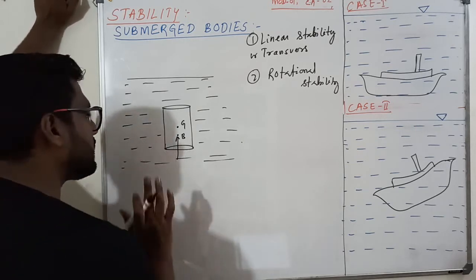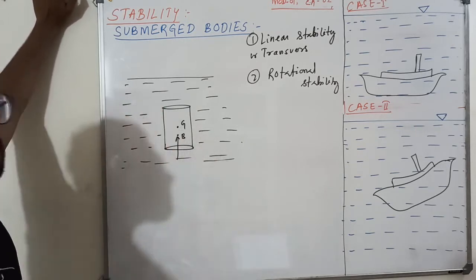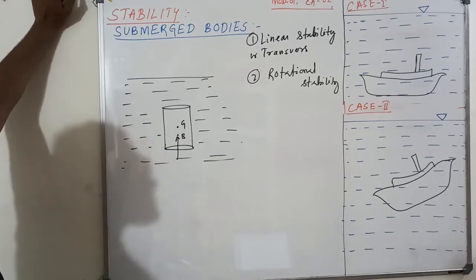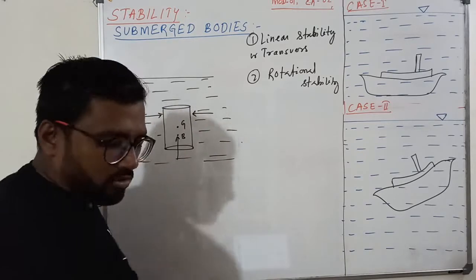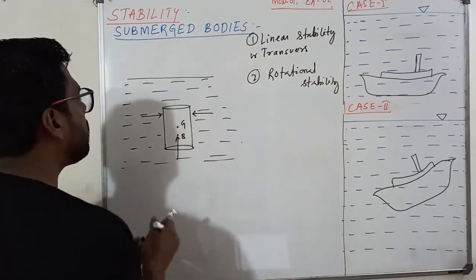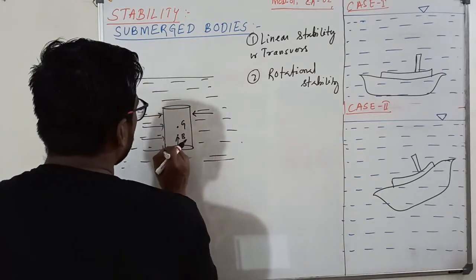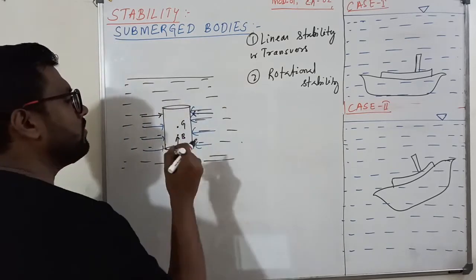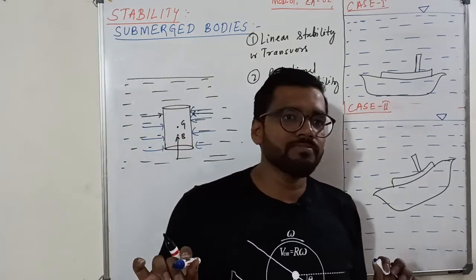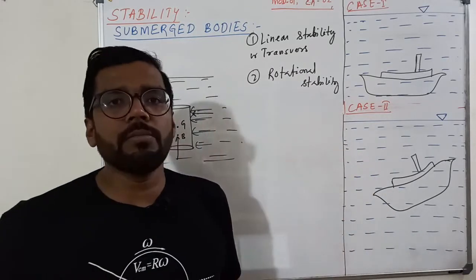I want to know what is going on. What happens to the horizontal forces? Horizontal forces are balanced, because whatever pressure is acting horizontally is counteracted from the other side all around. Next, for linear stability, what is left?